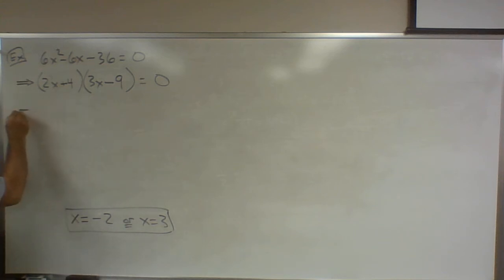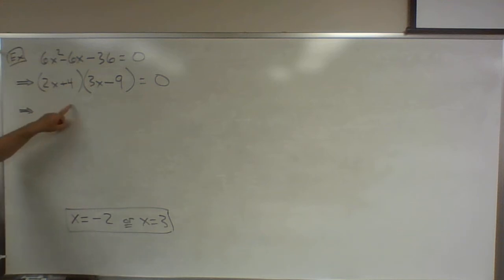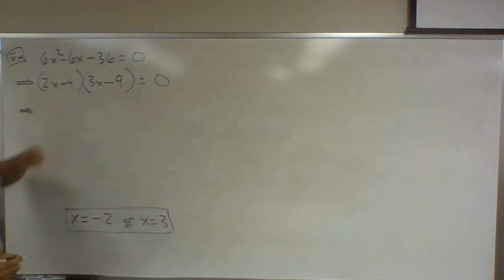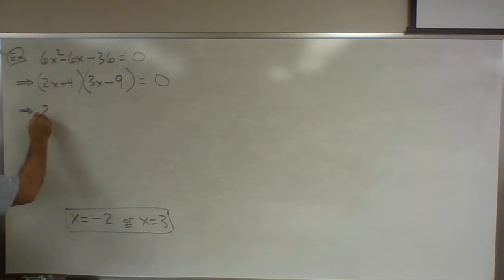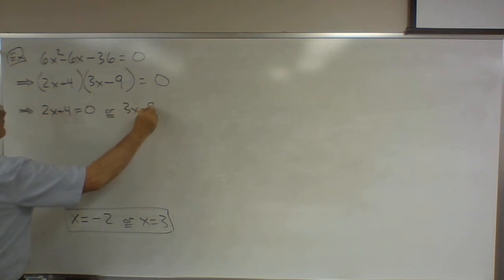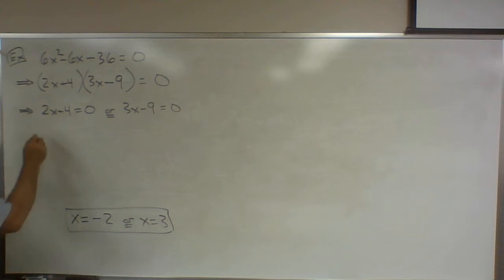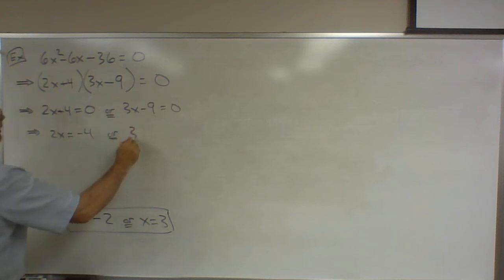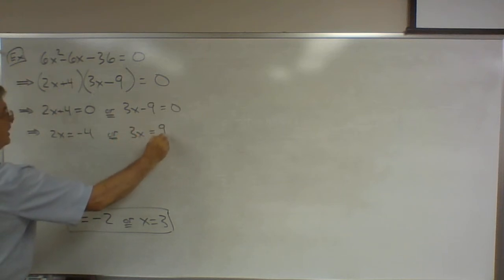And the way we solve this is we use the zero factor property that says if the product of two factors is 0, one of the two factors must be 0. So either 2x plus 4 equals 0, or 3x minus 9 equals 0. And that means that 2x equals -4, or 3x equals 9.